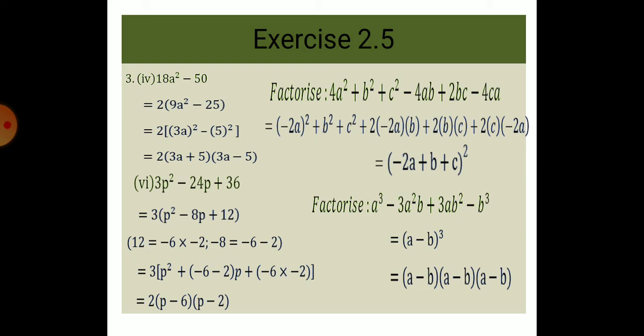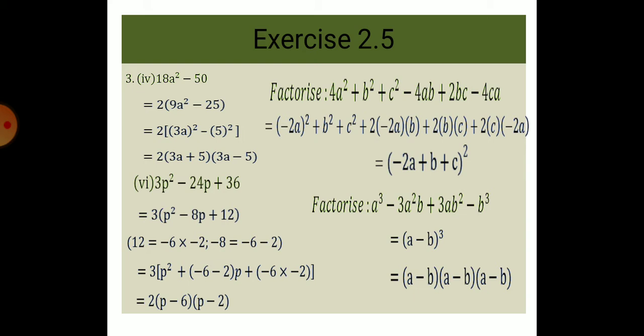So now we decide that this question is in the form of a square plus b square plus c square plus 2ab plus 2bc plus 2ca is equal to a plus b plus c whole square. So this is minus 2a plus b plus c whole square, and the factors are minus 2a plus b plus c and minus 2a plus b plus c.